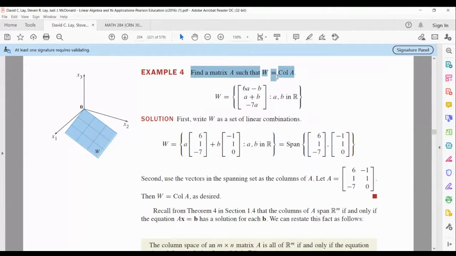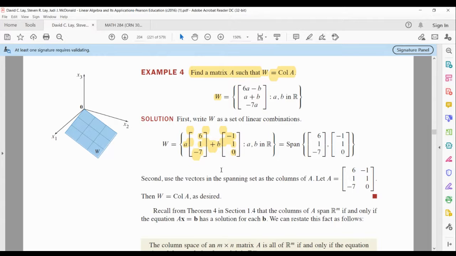All right. Find a matrix A such that W is the column space of A. So here's this space W, and the space W lives in R3. What we can do is rewrite W as a linear combination of two vectors.